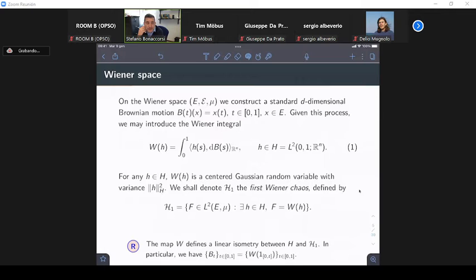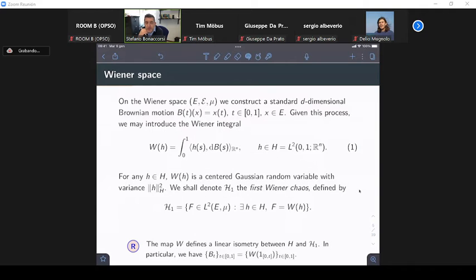Notice that there is not just one way to define W(h), because clearly it depends on the scalar product you're choosing in R^n, for instance. So there are actually infinite ways of defining the Wiener integral here.